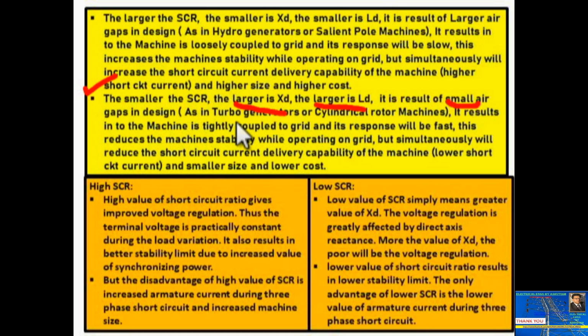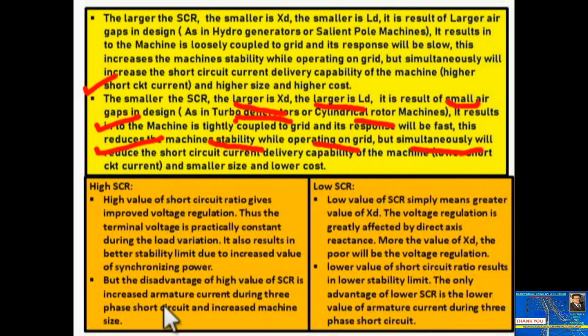What happens in turbo generators or cylindrical rotor machines is that the machine is tightly coupled and reacts very quickly if coupled to the grid. So its response will be faster, and this reduces the machine stability while operating on the grid, but simultaneously will reduce the short circuit current.